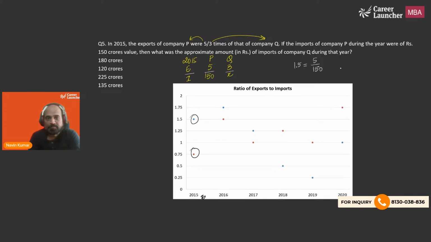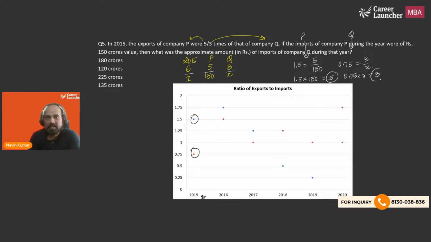For company P. For company Q, that's the orange one, that is 0.75, and that is given as 3 upon X. Okay. So from here, if you cross multiply, we can write this as 1.5 times 150 is equal to 5. And please, this is company P, this is company Q we are dealing with. And here we can write this as 0.75 into X is equal to 3.